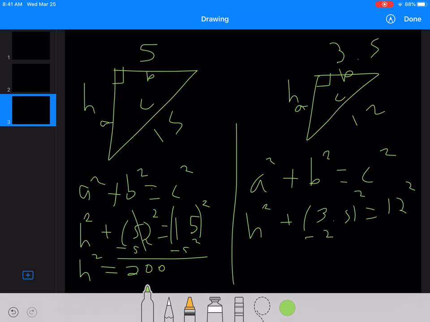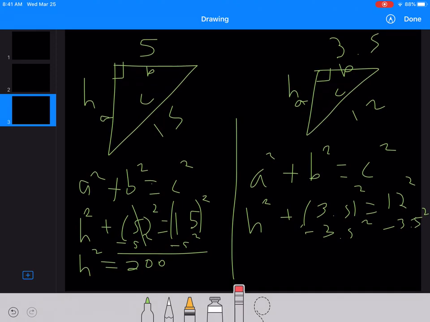And when we subtract 3.5 squared from both sides, we're going to get h squared equals, when we do 12 squared, which is 144, minus 3.5 squared, and you're allowed to use your calculator.